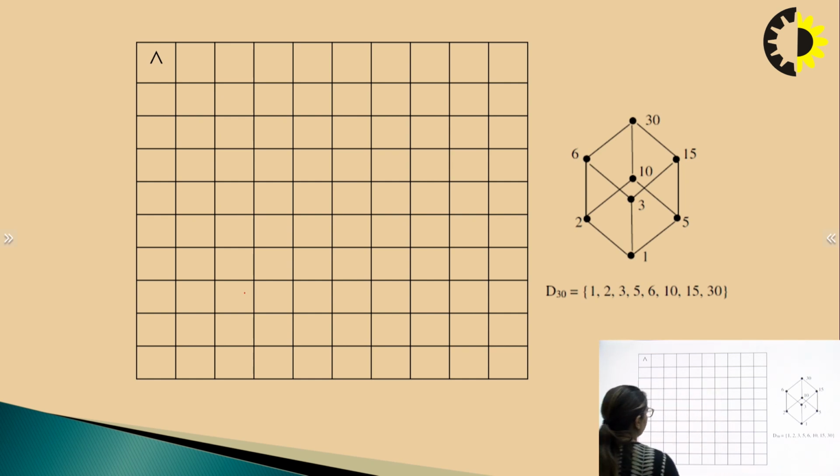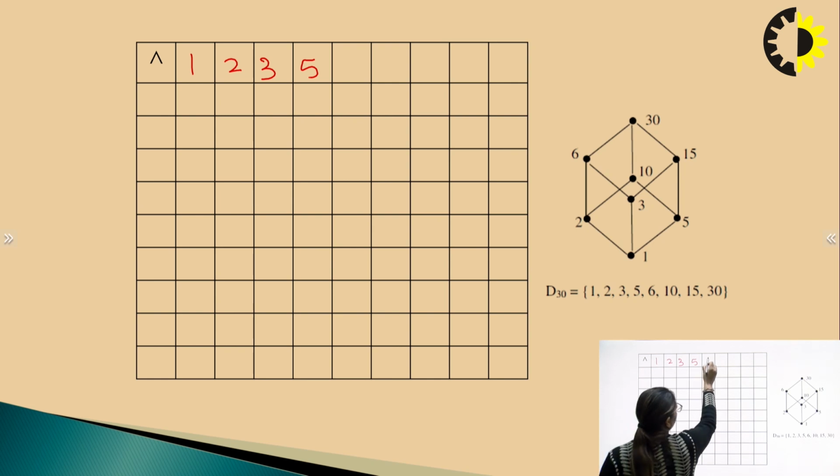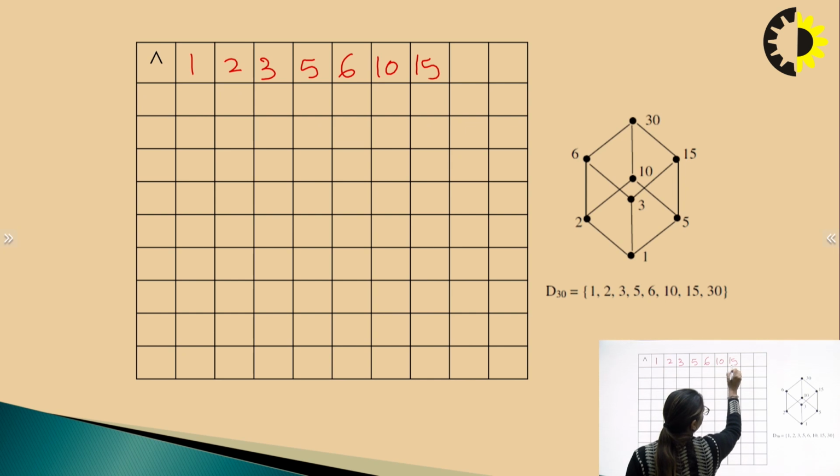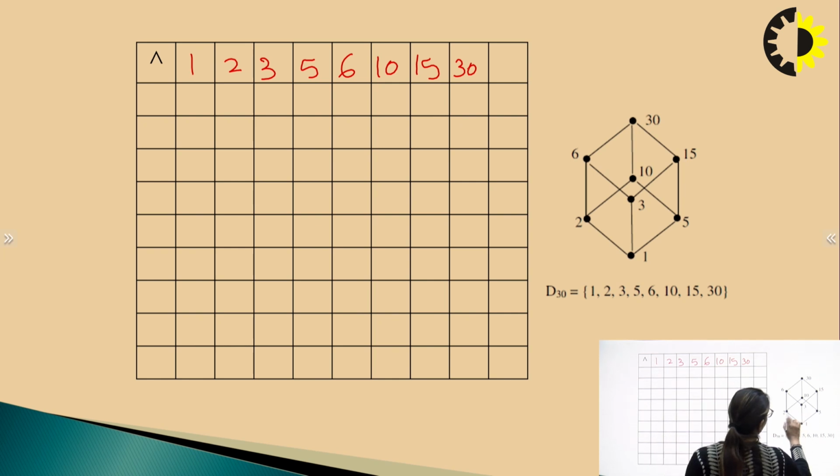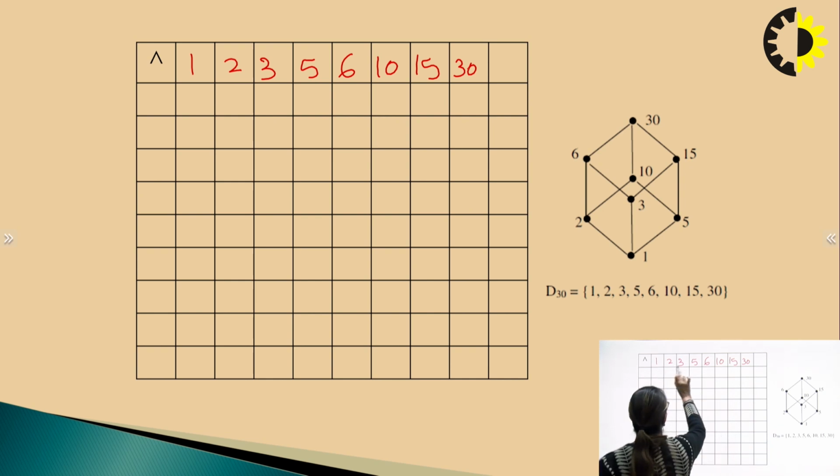Now let's write all the elements: 1, 2, 3, 5, 6, 10, 15, and 30. All are there. 1, 2, 3, 4, 5, 6, 7, 8. So similarly, we will write on this side.